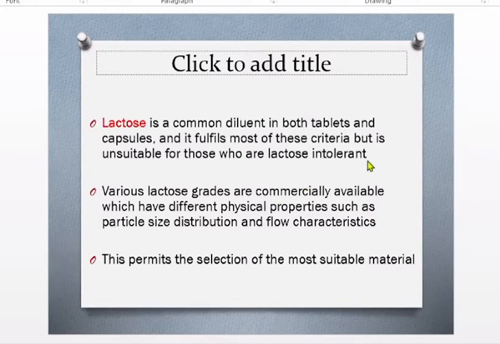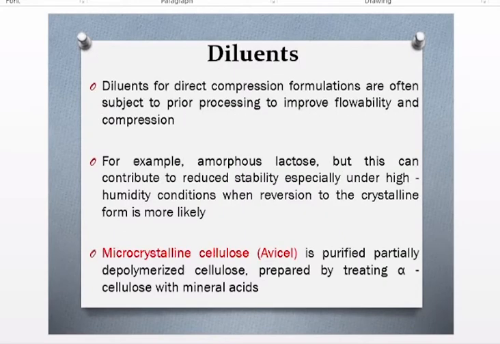That means that if you are dealing with a patient with lactose intolerance, you must check the excipients that have been used in that tablet or capsule. If there's lactose, then that patient should not be given that drug delivery system. We also noticed that lactose exists in different grades depending on the particle size distribution and flow characteristics, so you can choose depending on what qualities you are looking for.